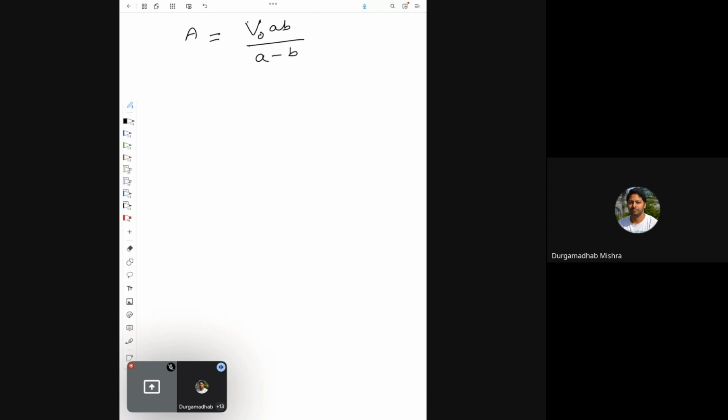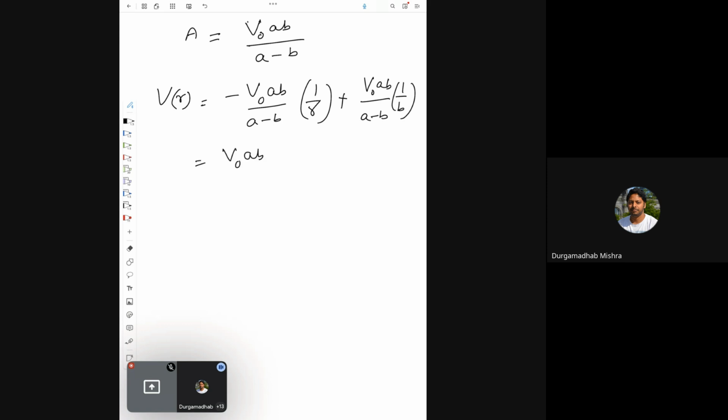So we have found what is A, and we know what is B. So we can then simply substitute and write down the expression, minus V naught a b over a minus b times 1 over R plus V naught a b over a minus b times 1 over b. Okay, so which we will simplify further. These are all simple substitutions which you can do at home. So this is the potential due to this capacitor.